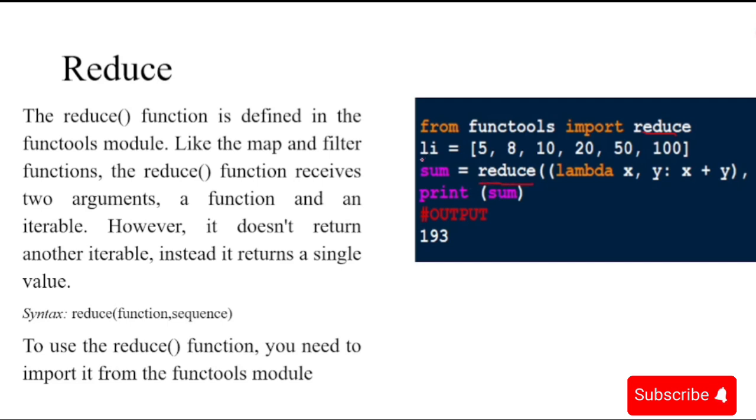We have our list of 5, 8, 10, 20, 50, and 100, and we want to iterate over this list. When we use our reduce function, we have the anonymous function whose arguments are x and y.